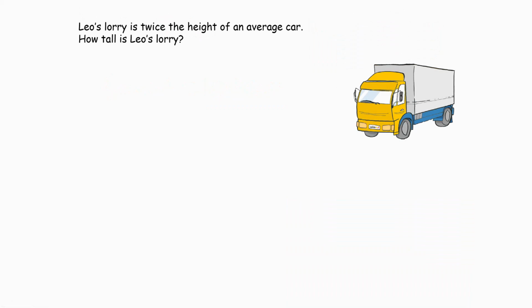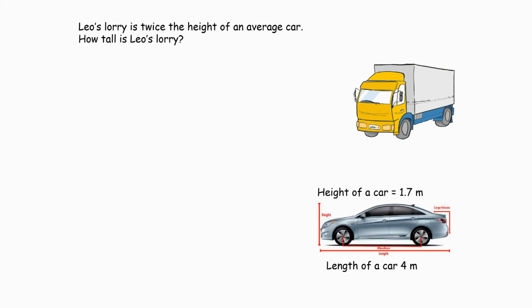Leo's lorry is twice the height of an average car. We want to work out how tall his lorry is. Well, the average car is about 1.7 metres high. So we just need to do 1.7 doubled. So we could do 1.7 times 2, which is 3.4. So his lorry is about 3.4 metres high.